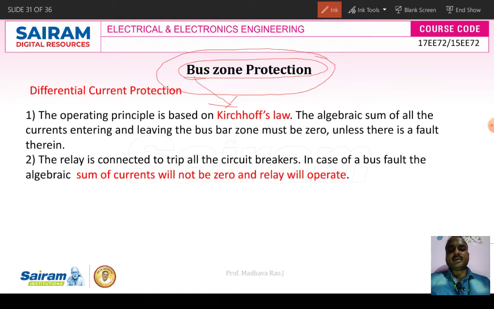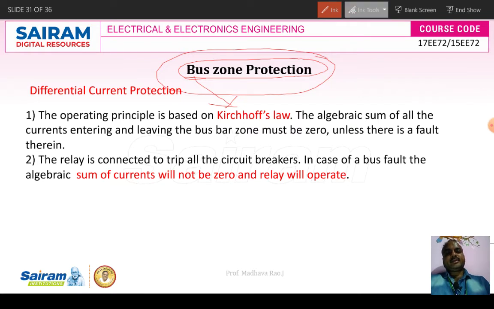Unless there is a fault, the difference between these two currents, the entering current and the leaving current, is not equal to 0. If there is a fault in the bus bars or bus zone, the relay is connected to trip all the circuit breakers. In case of a bus fault, the algebraic sum of currents will not be 0 and the relay will operate.